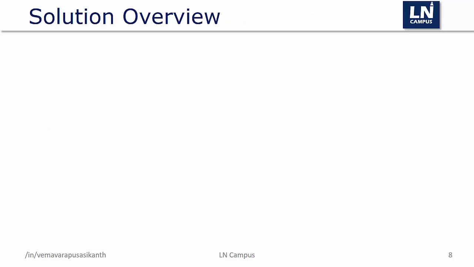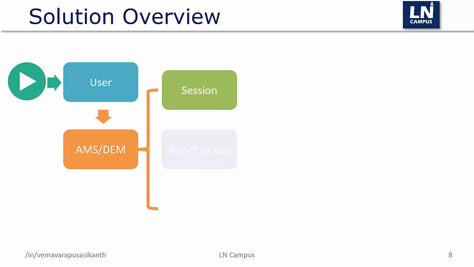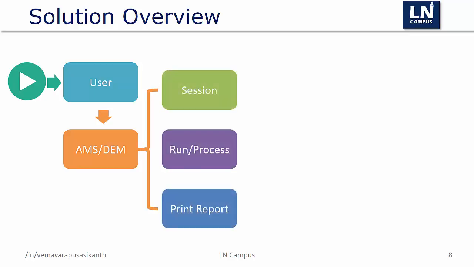Let's look at the solution overview. When a user starts a session in ERP LN, it goes through the AMS or DEM, which decides whether the person is allowed to access the session or not. The session can be a maintenance session, a process session, or a print session such as print invoices.